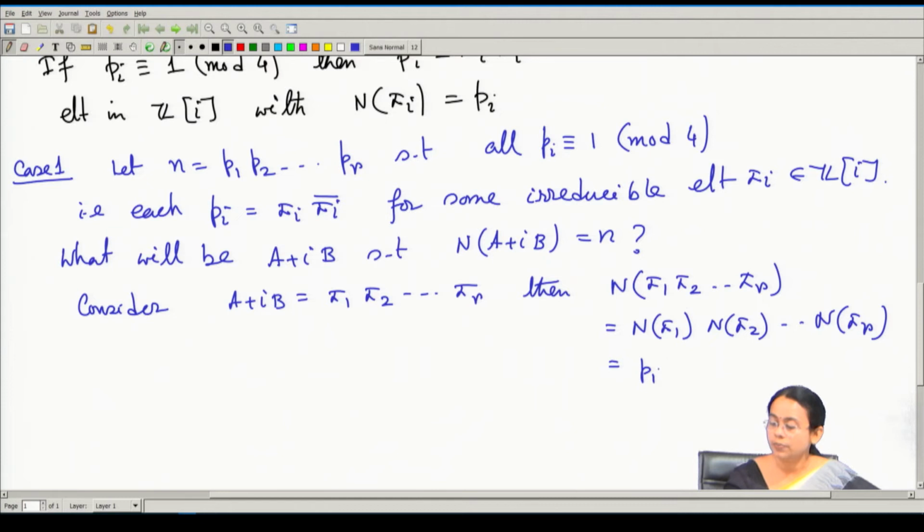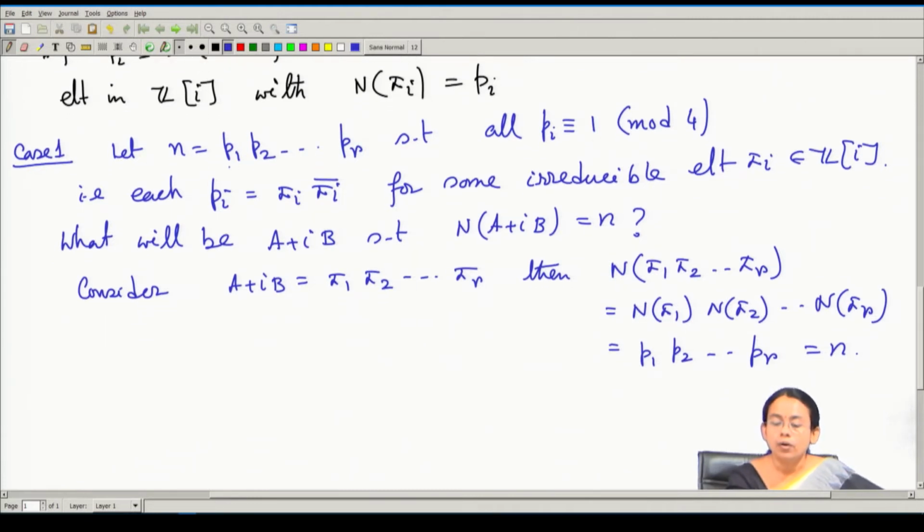So this is equal to p1 p2 pr, which is equal to n. So your a plus ib is obtained by taking one factor from the factorization of each p_i and taking the product; that will be the candidate for a plus ib such that its norm gives you this integer n.